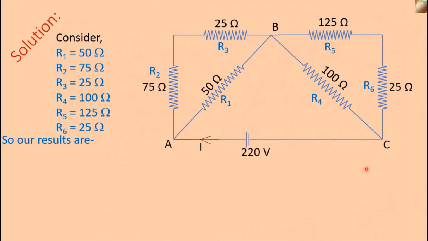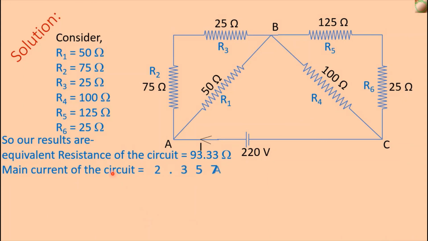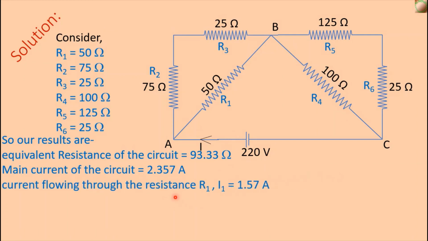So our results are: we have already determined the equivalent resistance of the circuit, of all these resistances, is equal to 93.33 ohm, and the main current of the circuit is 2.357 ampere. This is the main current of this circuit, and the current I is split into two parts, I1 and I2.